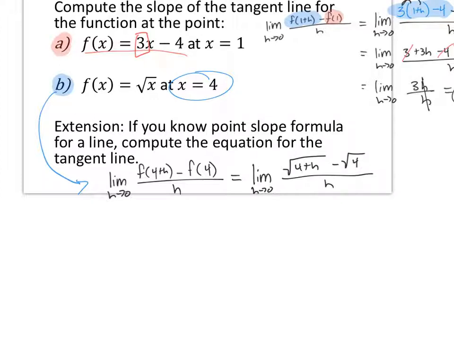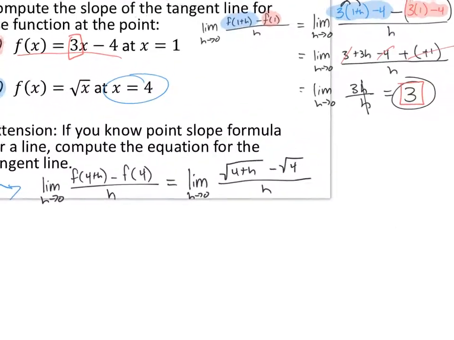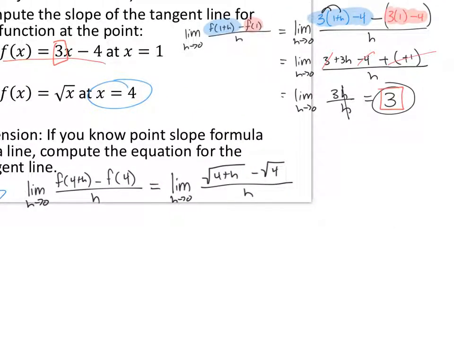What makes this tricky is that there's a math trick that you need, because remember our goal, the reason why we can't evaluate this limit as it is right now is because we're dividing by h. So we've got to somehow get rid of that h. And there's a trick to doing that. We're going to multiply by something called the conjugate. And the conjugate is just the same thing as we have here, but instead of a minus sign, it's a plus sign.